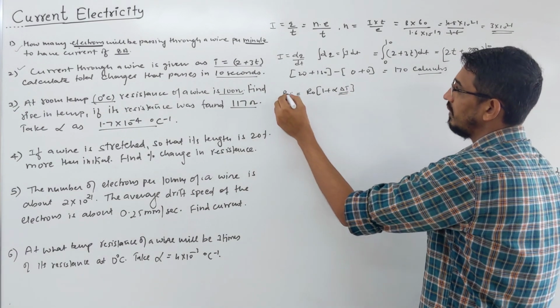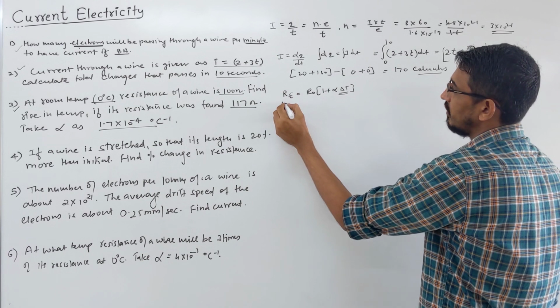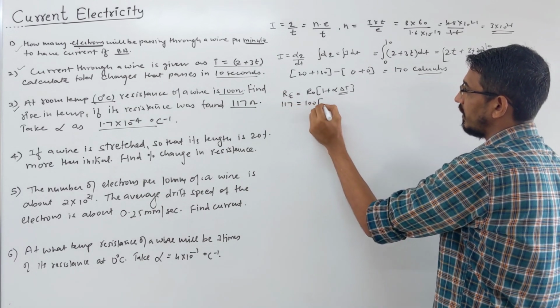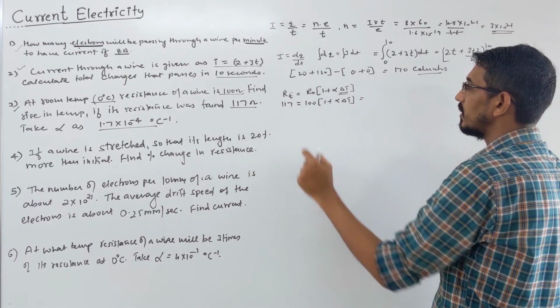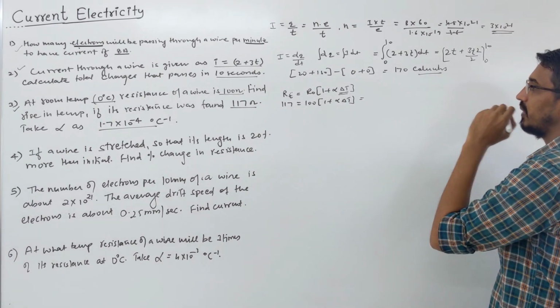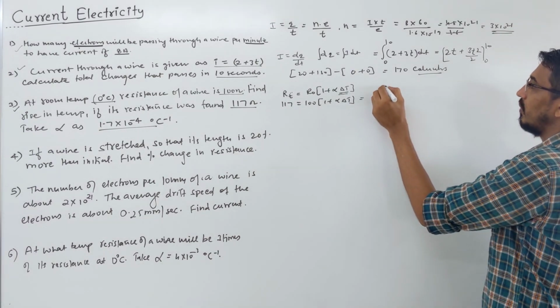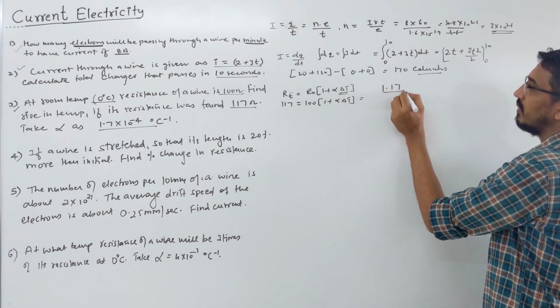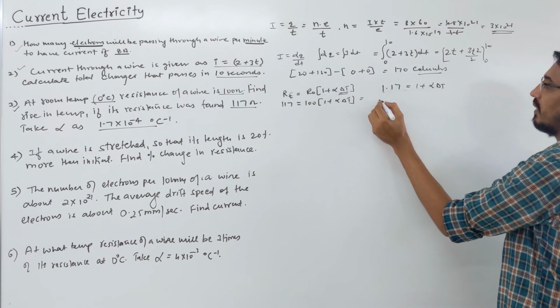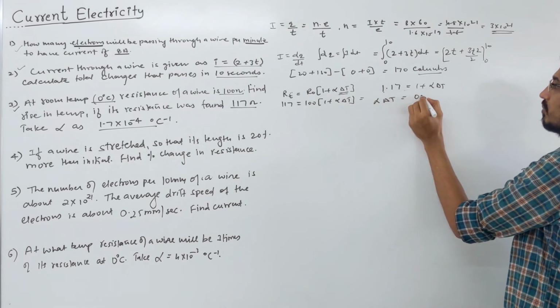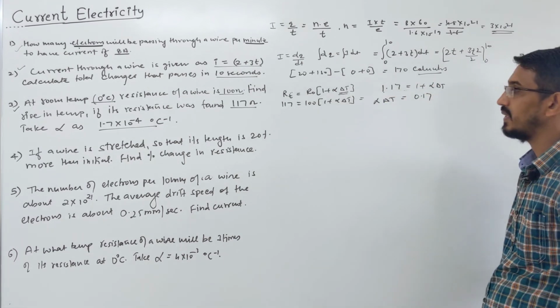So it's simple. This is given, 117 is equal to 100 into 1 plus alpha into del T, right? This goes that side, so it becomes 1.17 is equal to 1 plus alpha into del T. Alpha into del T becomes 0.17, 1 goes that side, okay?